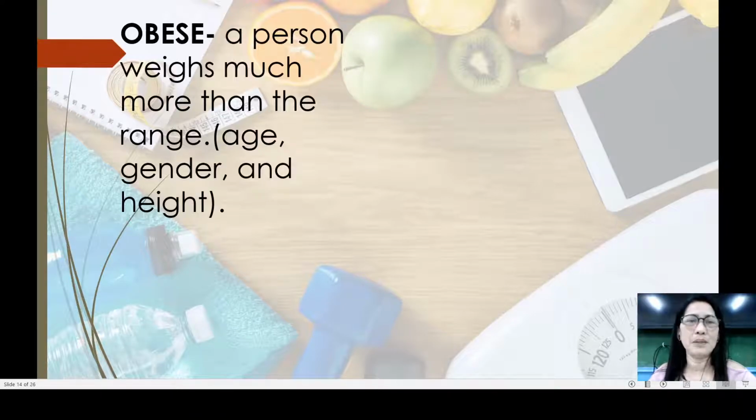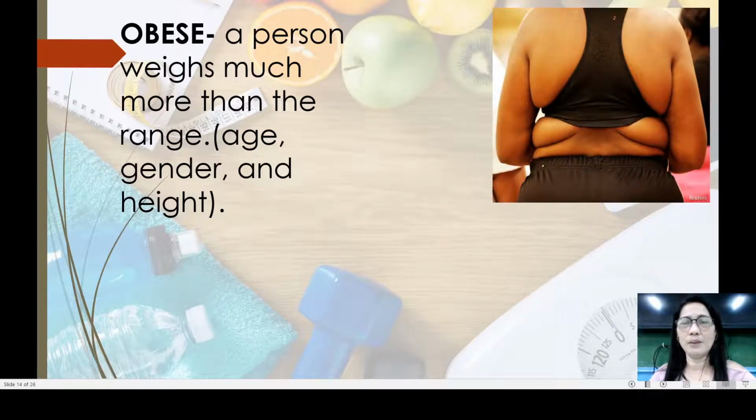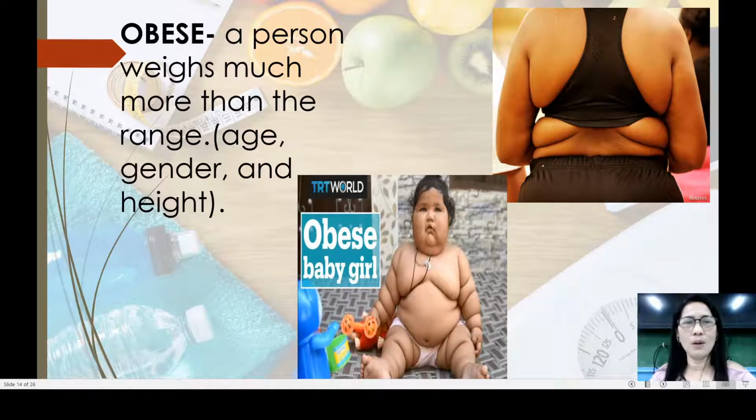Okay po? So, nakita niyo yung difference, less than, normal, more than, and much more than. So, you can classify now the different weights. Okay po? So, I hope hindi kayo aabot sa ganitong itsura na obese. So, siguro naman wala pang obese na niya.